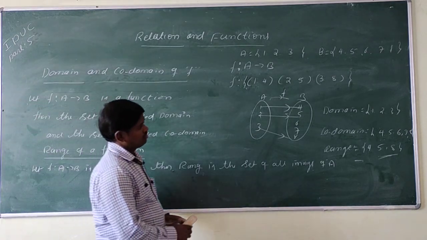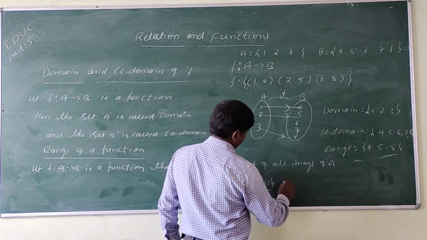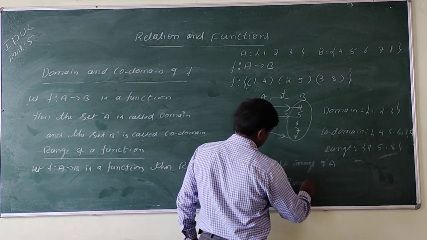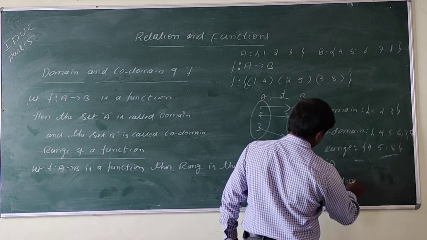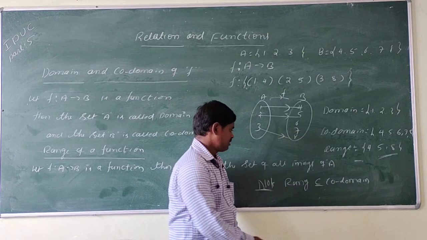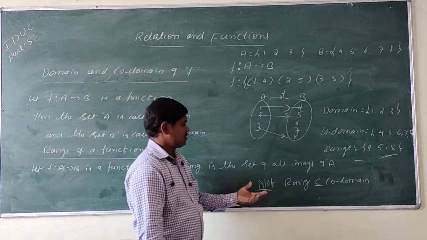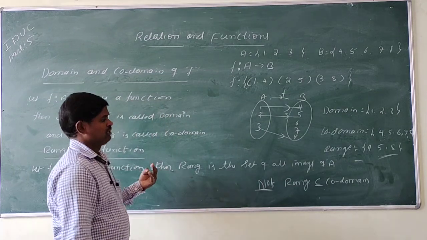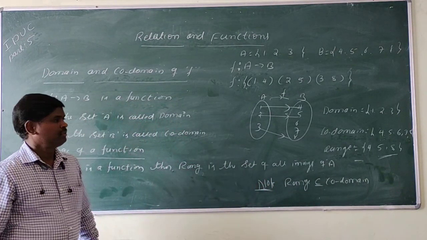Note here: range is a subset of codomain. Sometimes it is equal to the codomain, and sometimes it is a subset of the codomain. So therefore, range is a subset of codomain.